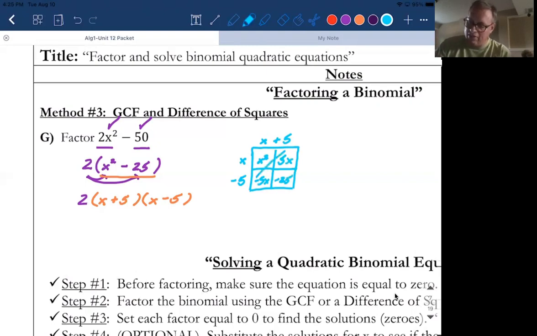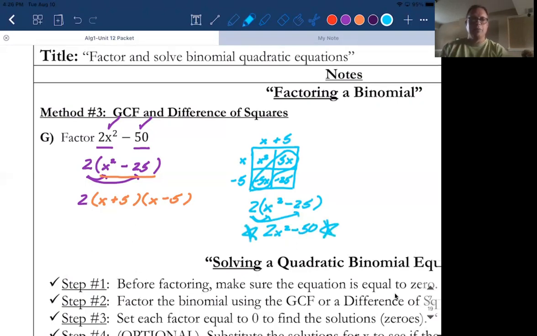So 5x and negative 5x add together to become 0, so I'm left with x squared minus 25. But now I have to take that times 2. So 2 times x squared is 2x squared, and 2 times negative 25 is negative 50. And we've got a double winner. That's what I'm looking for, 2x squared minus 50 right there.